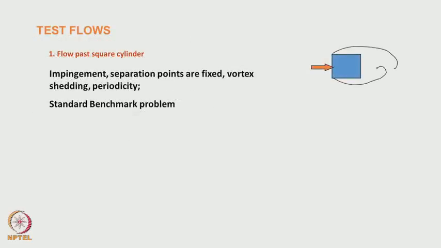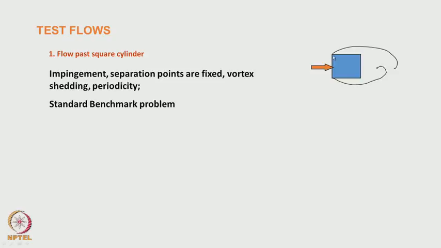I am just trying to explain with the help of two example problems. What is shown here is flow past a square cylinder. The shaded portion you see here is a square cylinder, flow is coming from the left and it impinges on this surface.